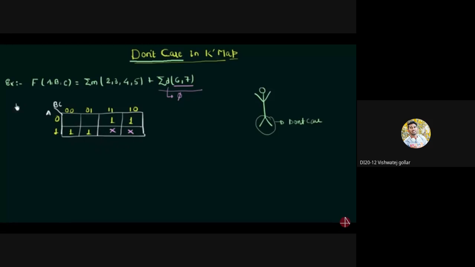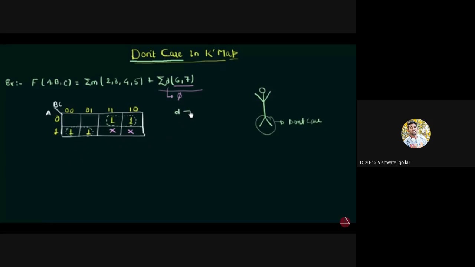Now we have to reduce it. If you did not have this don't care, this was the first combination that you would have made. Then the other group, the other pair, is this one, and these two pairs can easily be minimized. But now you have the don't care.